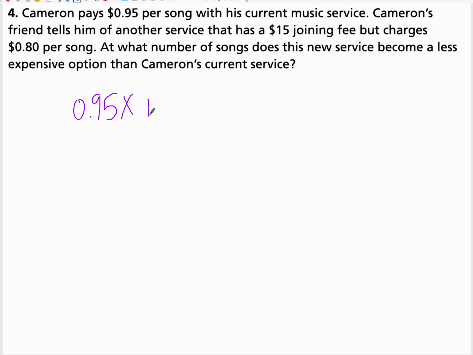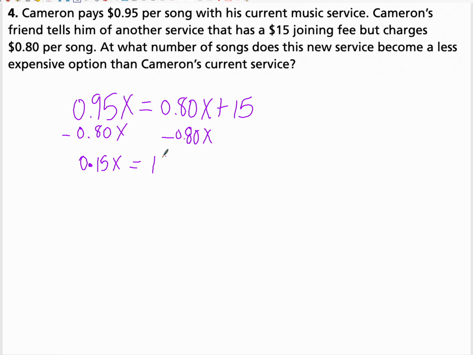0.95x equals 0.80x plus 15. Subtract 0.80x. So that would be 0.15x equals 15.